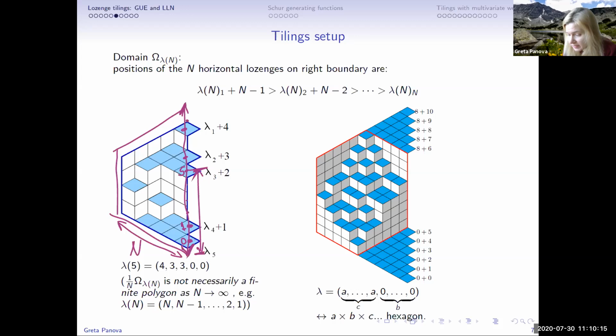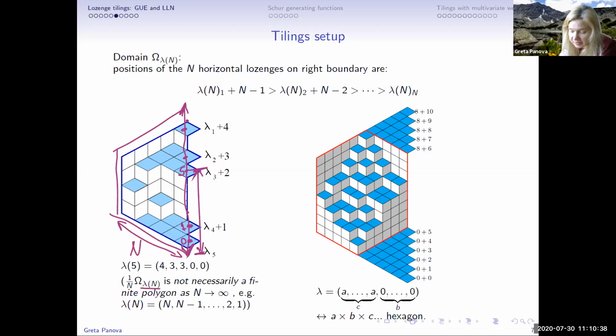And now this is how we are going to encode the region: the 3 flat sides, and the positions of the horizontal lozenges on the right side, given by some partition that has n parts, not necessarily all non-zero.